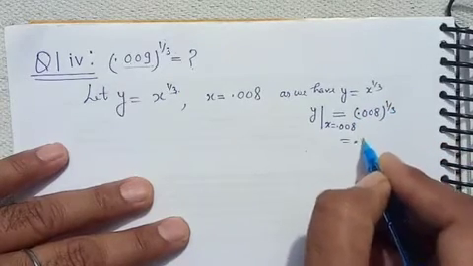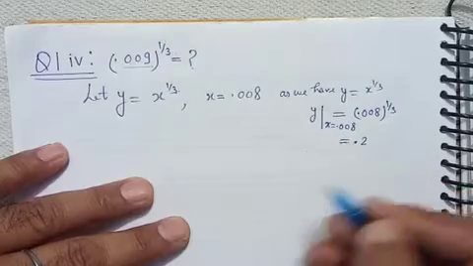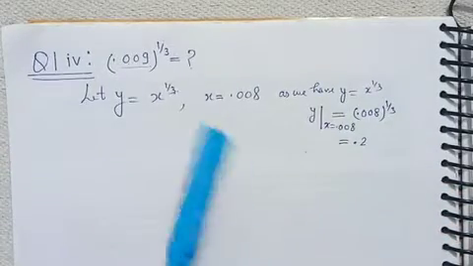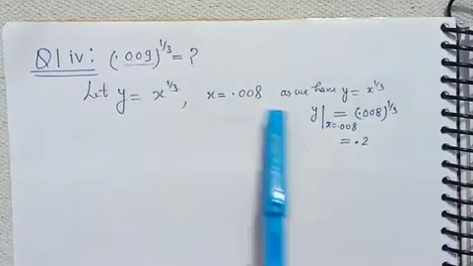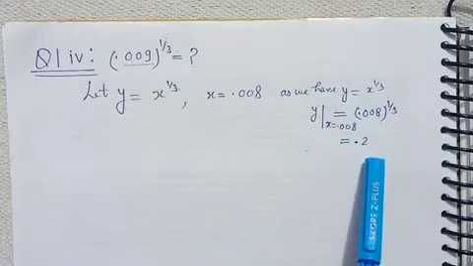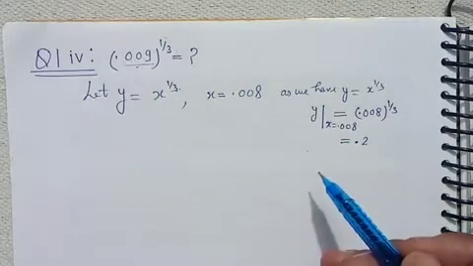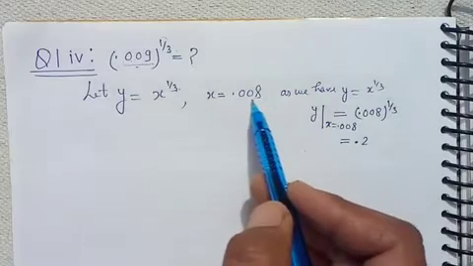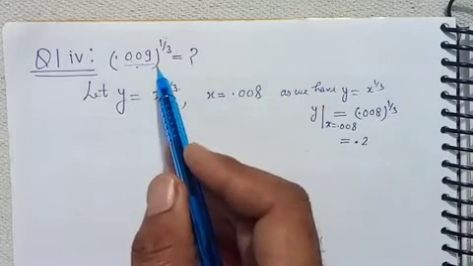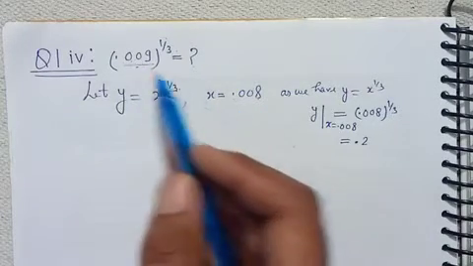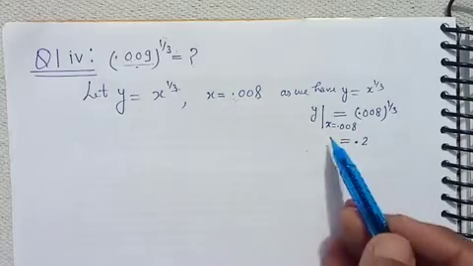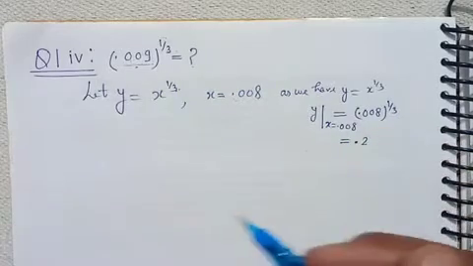Cube root of this number is 0.2. It means if x is 0.008, then y will be 0.2. Now if x is 0.009, then calculate y. Or if x changes from 0.008 to 0.009, this is change in x, this is delta x, then what will be the corresponding change in y?